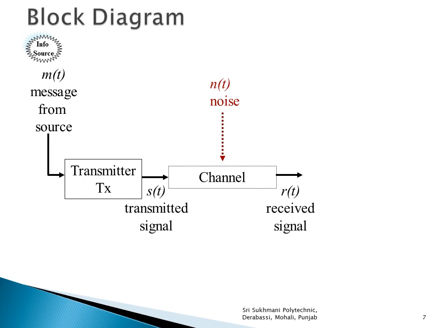In the channel, some noise is added from the environment or atmosphere, and at the output of the channel, a signal is received, which is r(t). So r(t) will have two components: one is s(t), the transmitted signal, plus n(t), the noise signal. So noise is added to the received output signal.